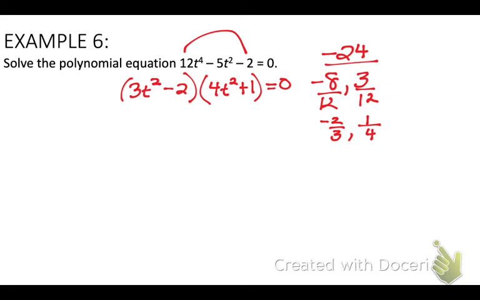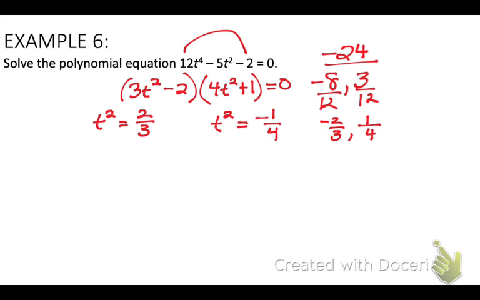Okay, so zero product property tells me each factor is going to be equal to 0. So I'm just going to jump right to t squared is equal to 2/3. Add 2, divide by 3. The other one's going to go to t squared is equal to negative 1/4. Subtract 1, divide by 4.